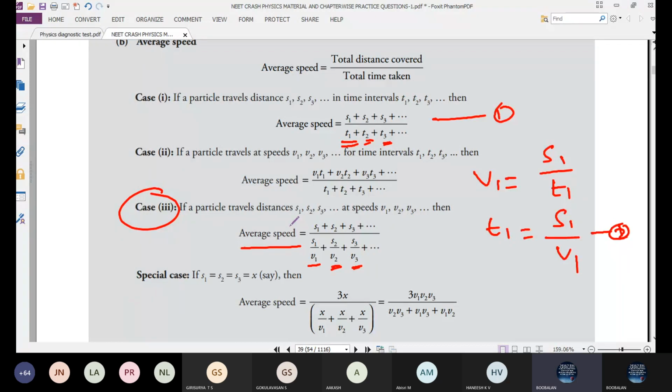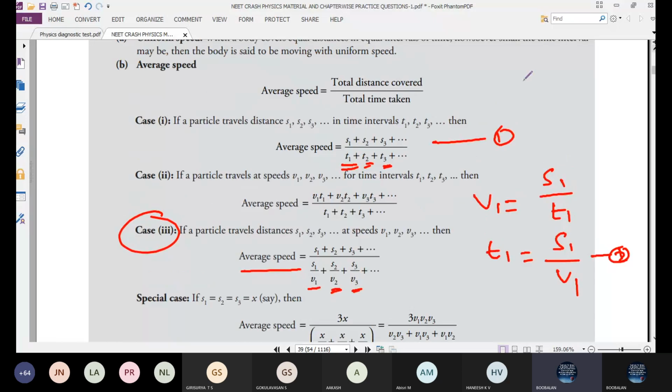Next we go for the fourth formula also. Actually, this is the first formula. It is enough for the NCERT: average speed is S1 plus S2 plus S3 divided by T1 plus T2 plus T3. It is enough. But now we are preparing for a competitive exam, so we want to know as much as possible.